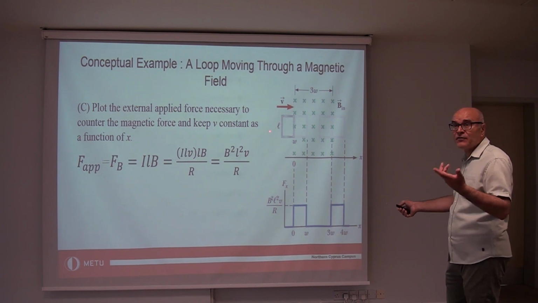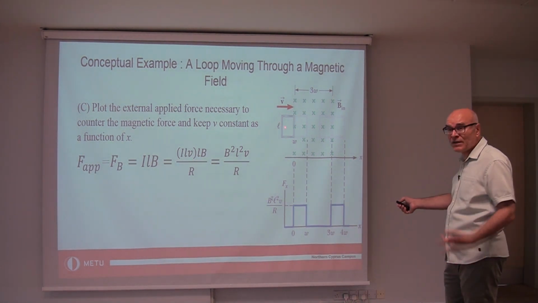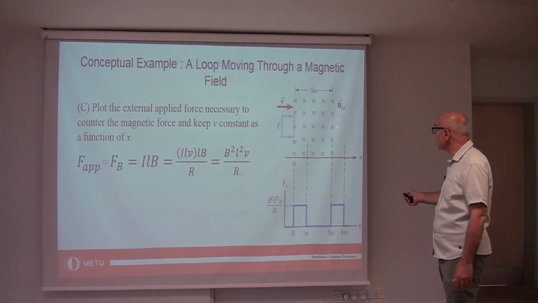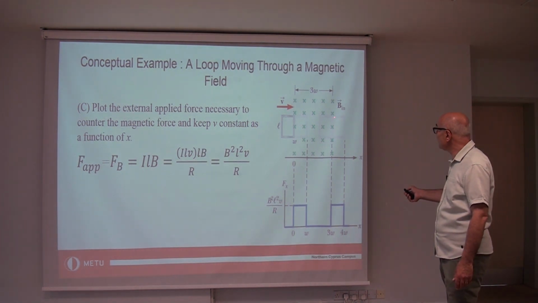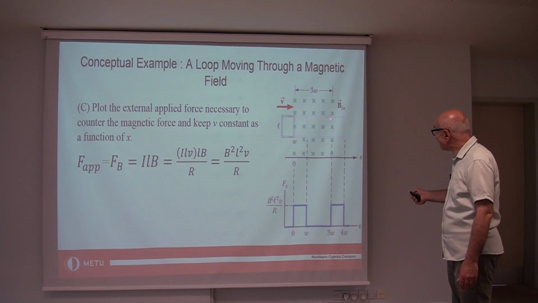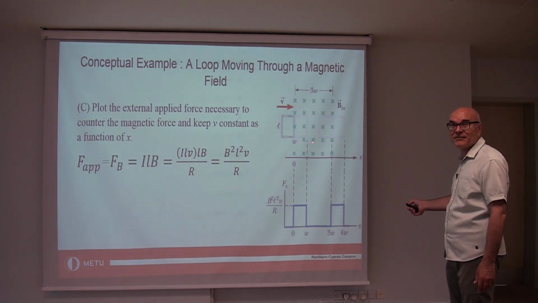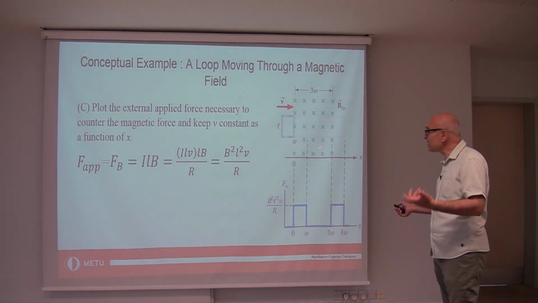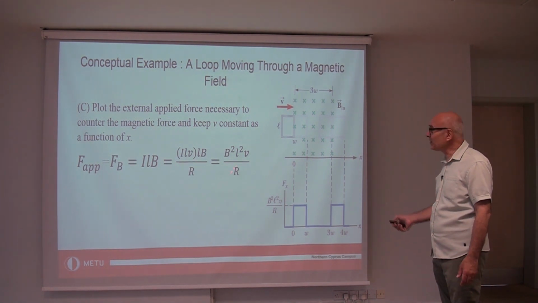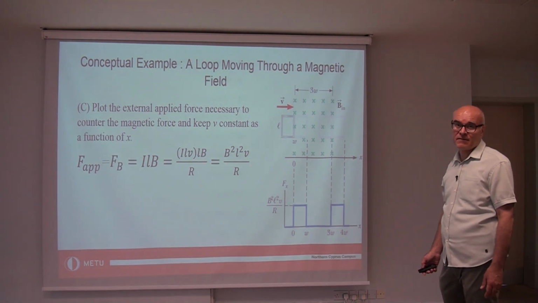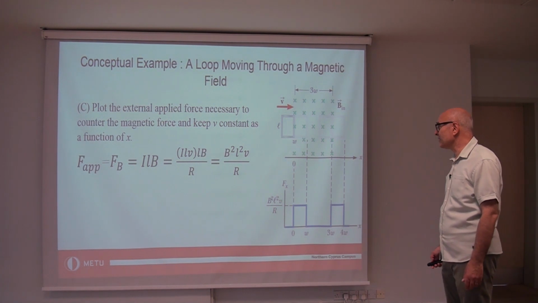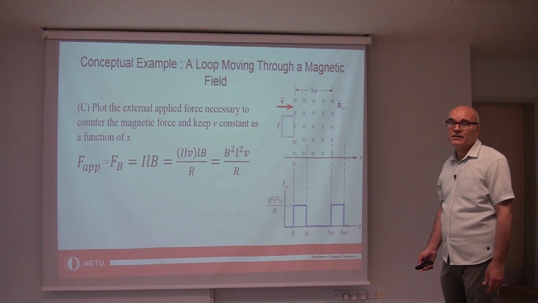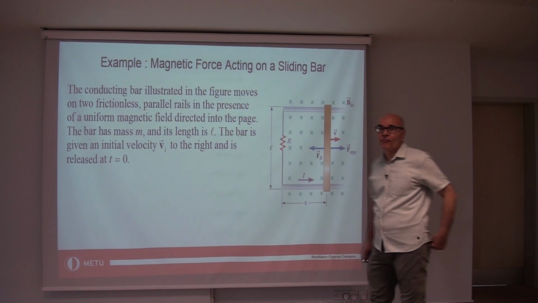This one will not feel a magnetic force because it is not within the magnetic field. The same applies here. When this starts to go out, only the part that is still inside the magnetic field will feel this force, and it will be to the left, and the magnitude of this force is this. Okay, so that's the answer to this question.